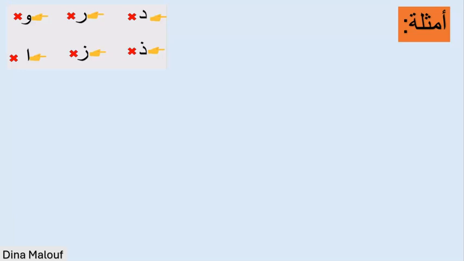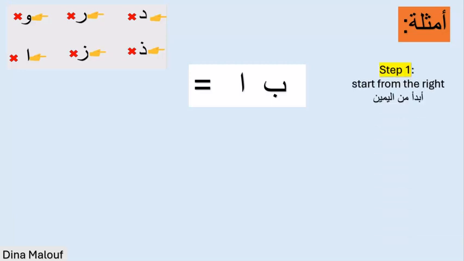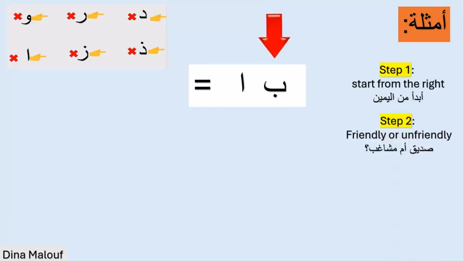Now, let's follow the steps. If I have, for example, these 2 letters. Step number 1, start from the right. Step number 2, check if it's friendly or not friendly. These are the unfriendly letters. We cannot see it here, so it is friendly.